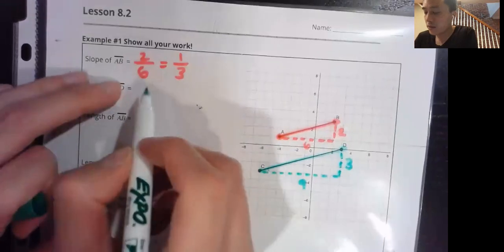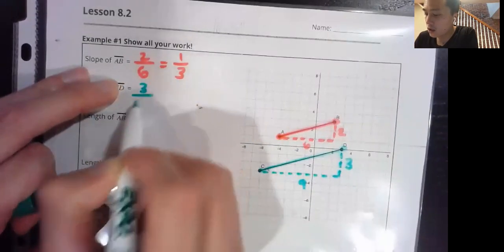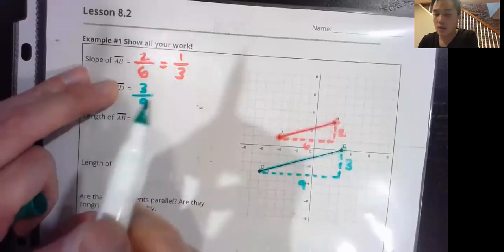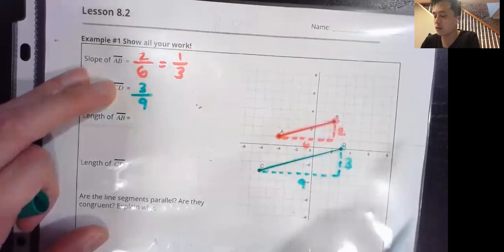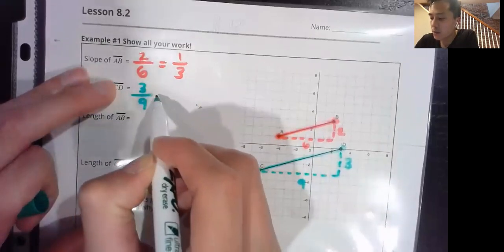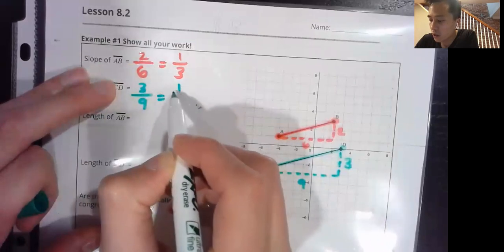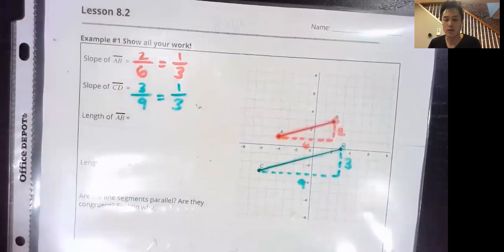So my slope, change in y is 3. Change in x is 9. Slope is positive 3/9 because we're going uphill, looking from left to right. We can divide both of these numbers by 3. 3 divided by 3 is 1. 9 divided by 3 is 3. So my slope is 1/3 for that line.